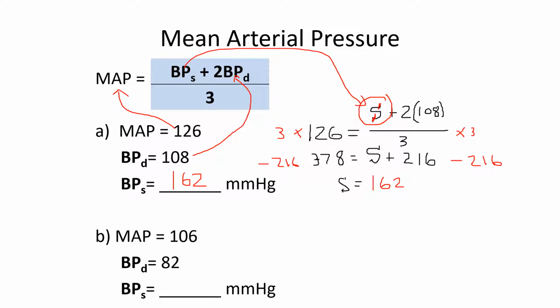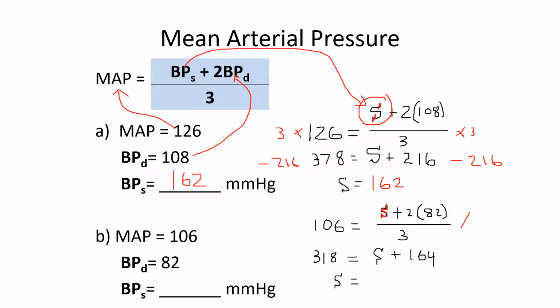Same thing. We are given MAP. This time we are given diastolic pressure. Let's look for systolic. So same thing. This funny looking S here is to let you know that it's an S and not a 5. So we plugged in our MAP value. We plugged in our diastolic value. Now we just solve for S. So multiply both sides by 3.